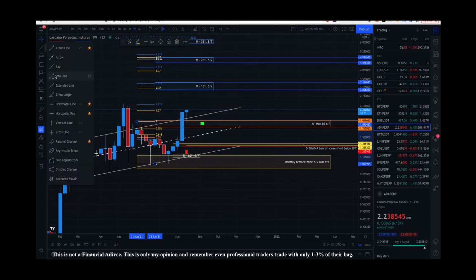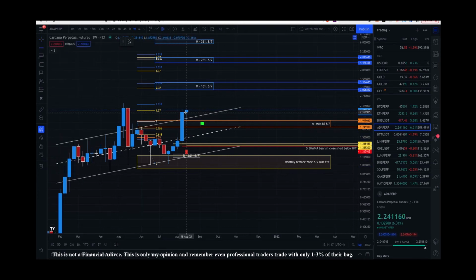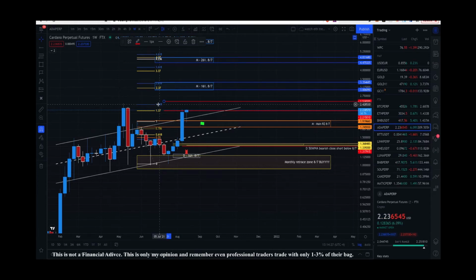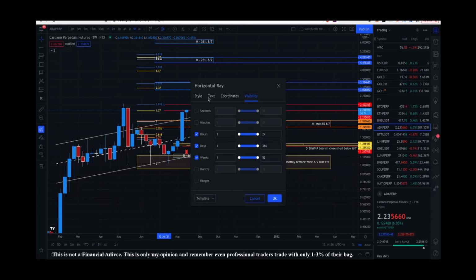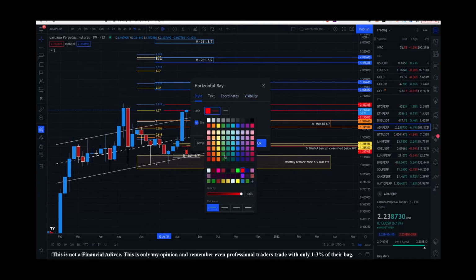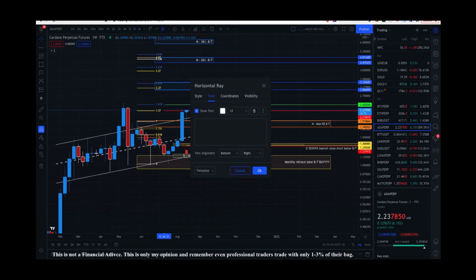So I'm gonna draw a line to represent my resistance levels here. Okay, so I'll make that green, in case we break out of the green line, then we're bullish.